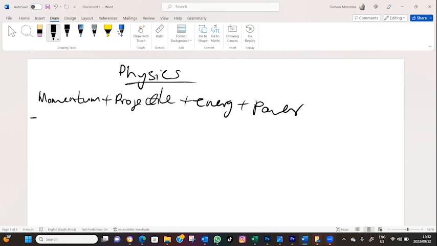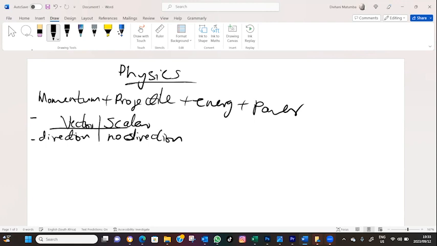The most important terms that we have to discuss are scalar and vector. Now, what is a vector? A vector has direction. No direction on a scalar.